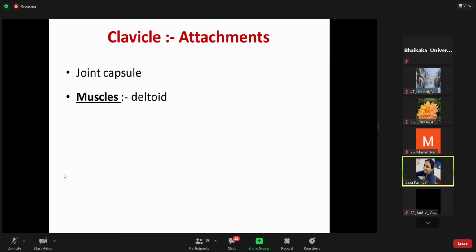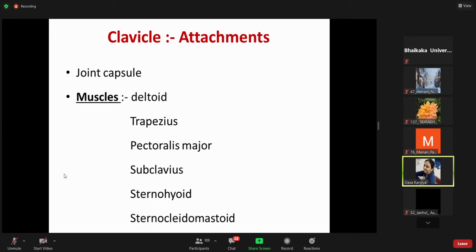Muscles, particularly you have to remember for the attachments over the clavicle are deltoid, trapezius, pectoralis major, subclavius on the subclavian groove, sternohyoid, and the clavicular head of the sternocleidomastoid.